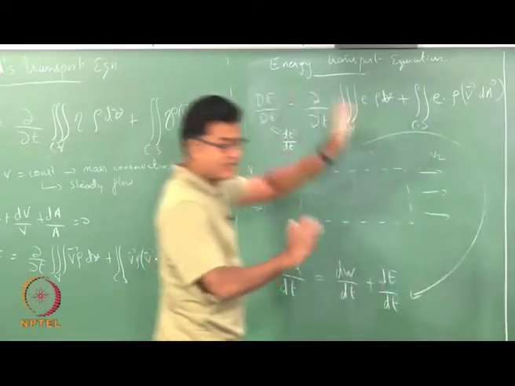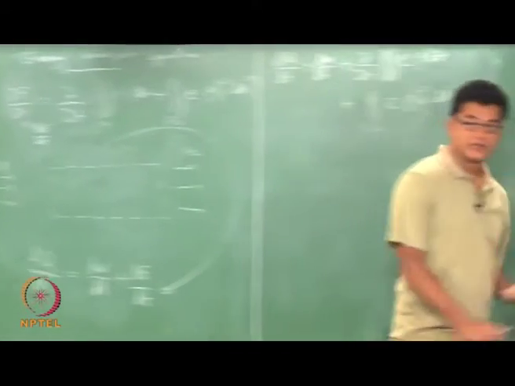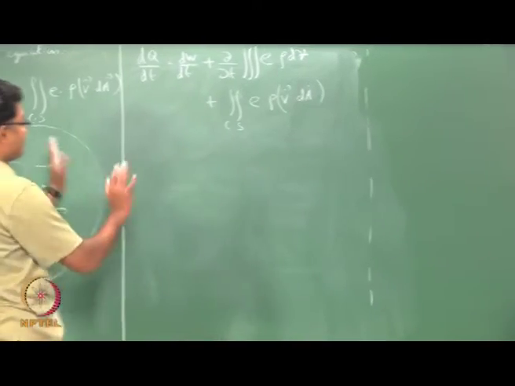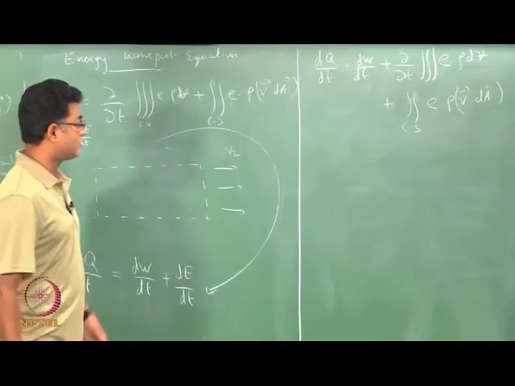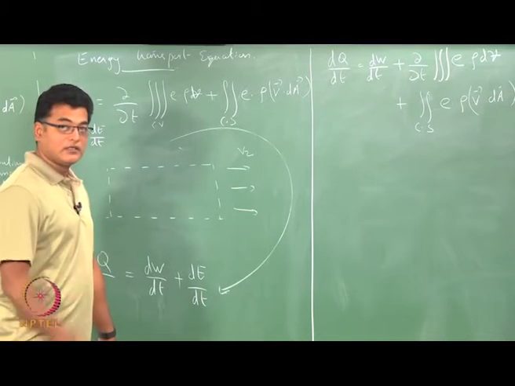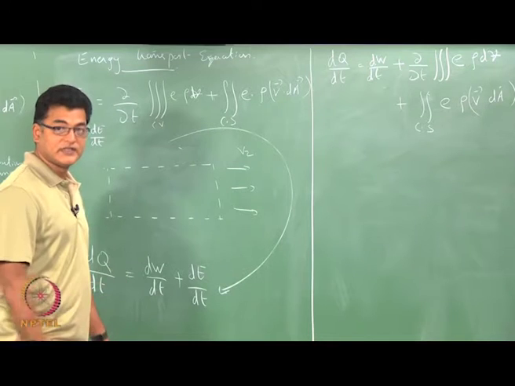So, this is the general form. This is valid for 3 dimensions and we have not assumed anything here. So, this is valid for any kind of flow, adiabatic or isentropic or any kind of flow. Now, we will take some assumptions and reduce this equation further.